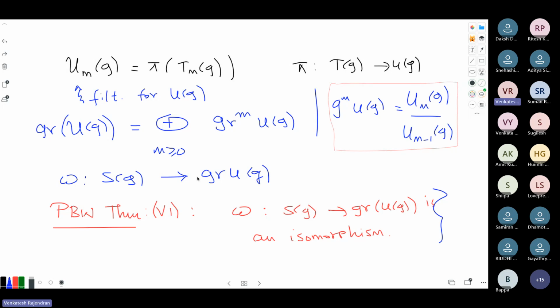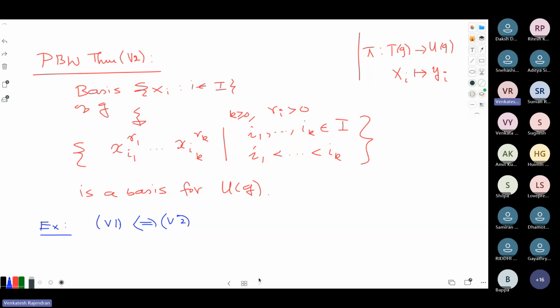So this omega is indeed a surjective map. There is no issue. The only thing you need to prove is that it is injective. If the basis maps to a basis, then it must be injective. There is no other option. So that tells you that the converse is obvious, and you have this equivalence between version 1 and version 2.